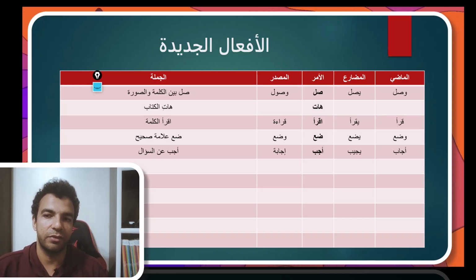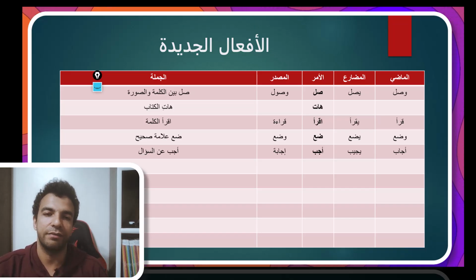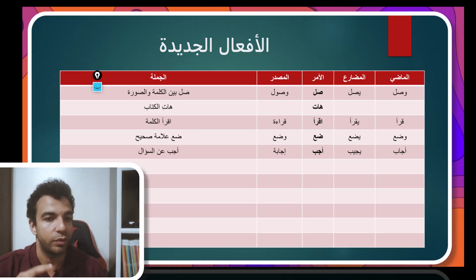For example, the verb وصل, يصل, and صل, and وصول, meaning to arrive or to connect. And here it says صل بين الكلمة والصورة. Match between الكلمة والصورة. We know these two words. And then هات.